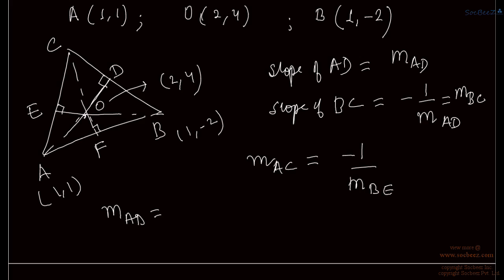So we can easily find the slope of AD. The slope of AD is (4 - 1) upon (2 - 1), that is 2.